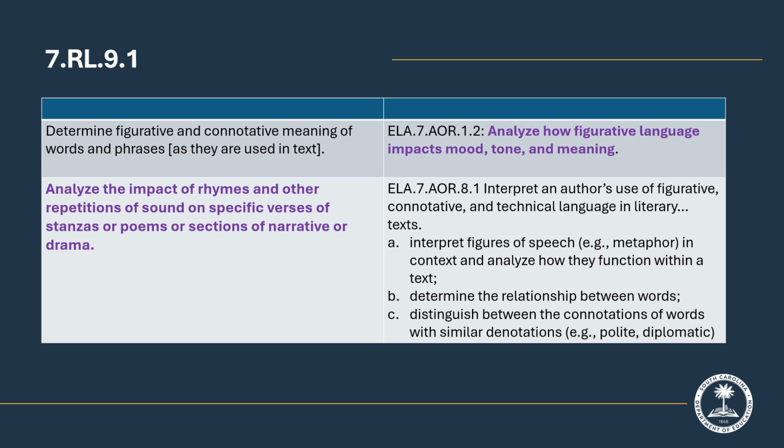The entire section of Part 2 of RL 9.1 is not included in the 7th grade indicator of AOR 1.2 or AOR 8.1. We also see that the entire indicator of AOR 1.2 is new to 7th grade teachers.